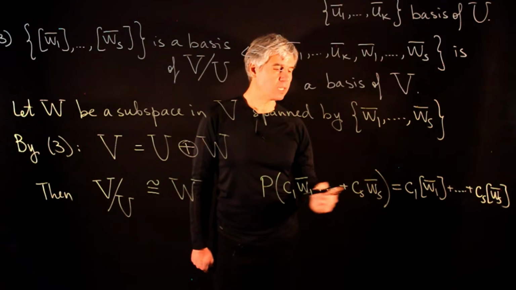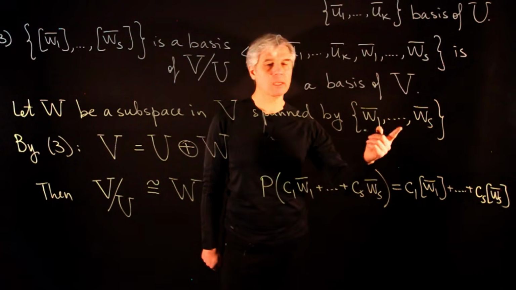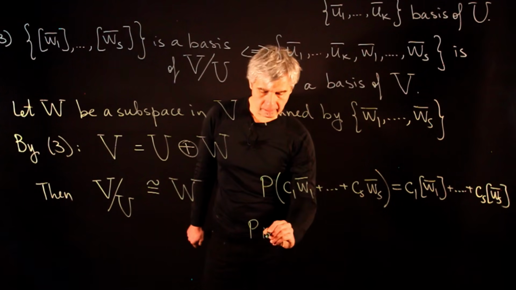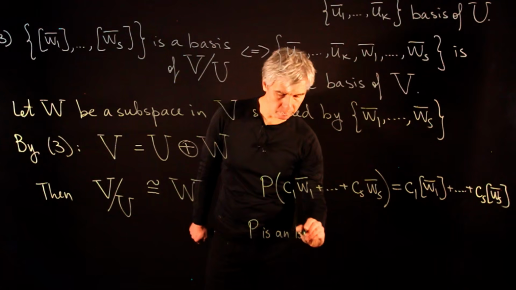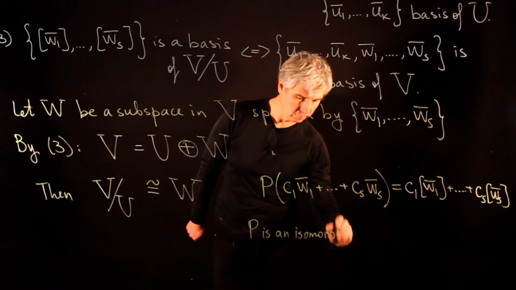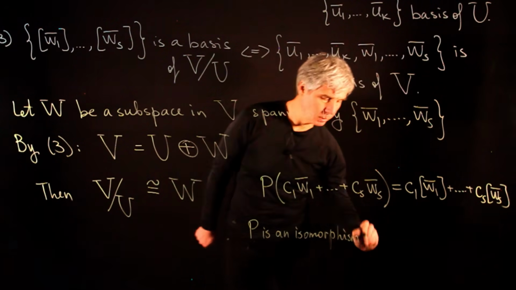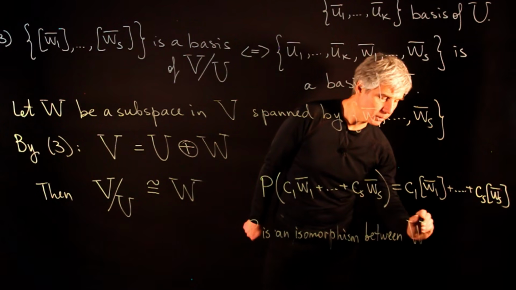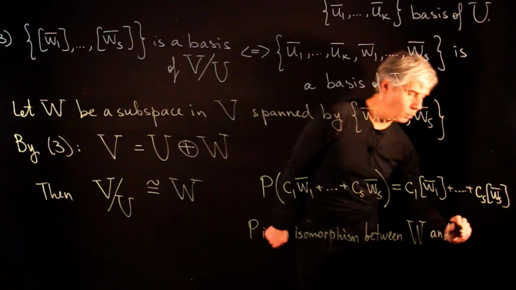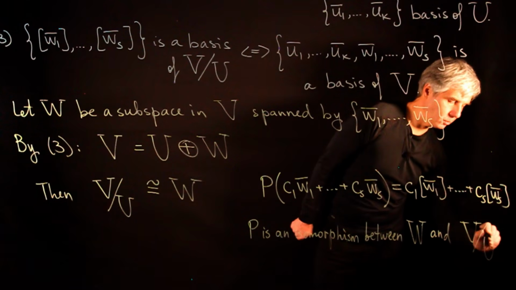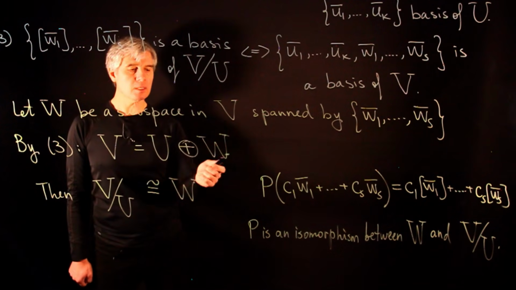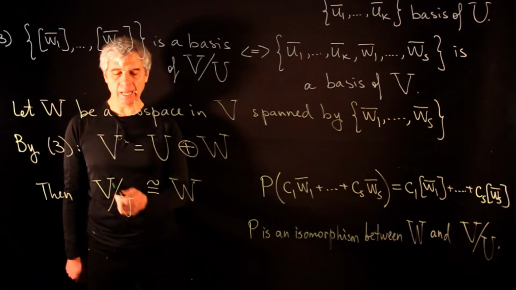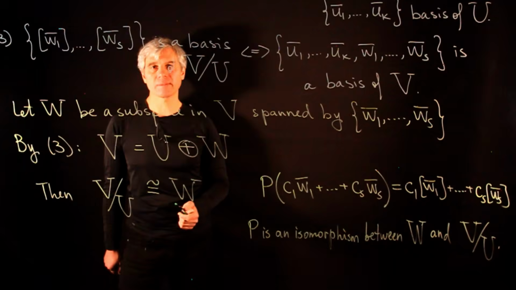And because each of the sets is a basis in the corresponding space, we get that P is an isomorphism between the space W and the quotient space V quotient by U. And this shows us the relationship between addition of vector spaces and subtraction of vector spaces.